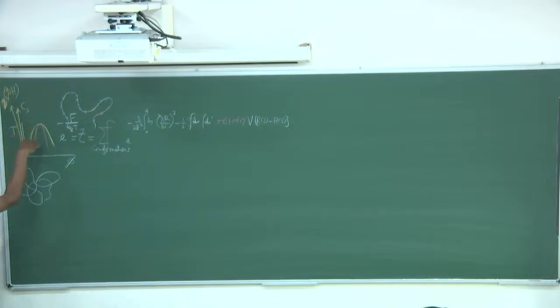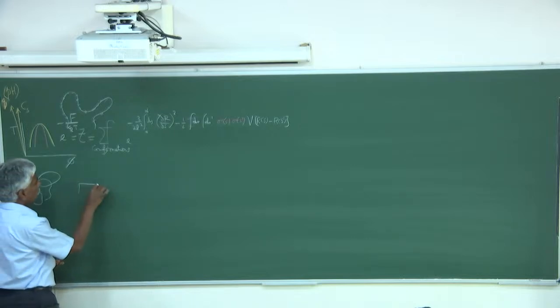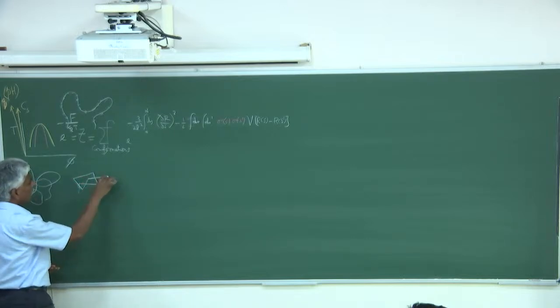I start somewhere here, right, a continuous chain like this, a random walking chain. The conformation of a random walking chain, without any interaction, without any excluded volume interactions, is written by this term.